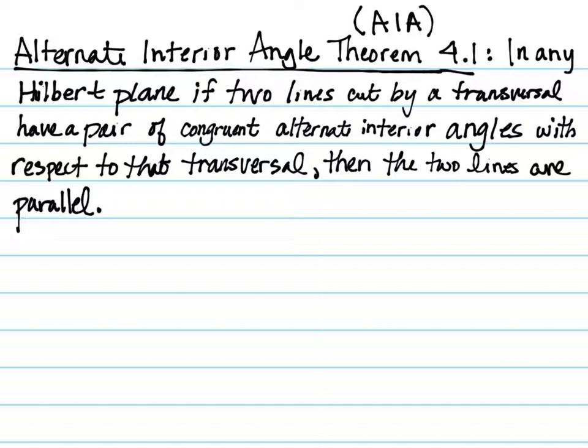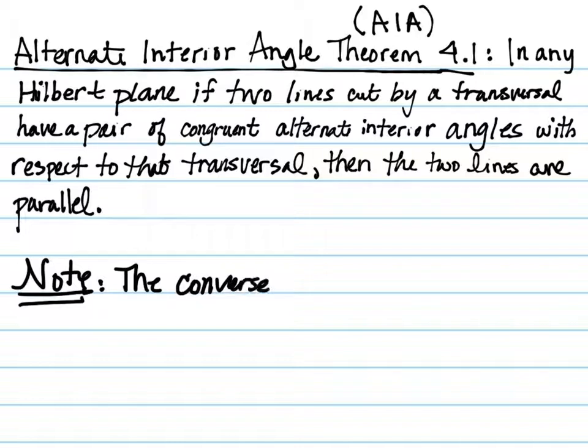We're going to prove this, but I want to make one comment before I do, because it's very tempting to take this theorem and turn it around and ask ourselves if it also works. And the reality, here's my note, the converse, and I'll remind you what that looks like in terms of this theorem.